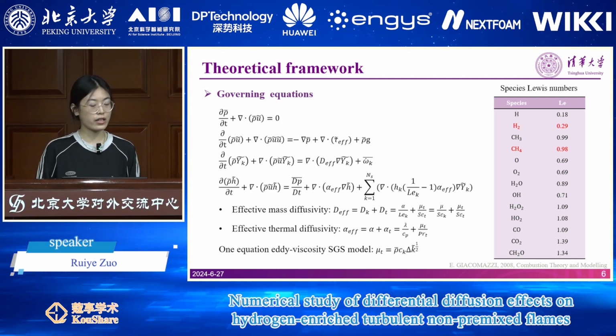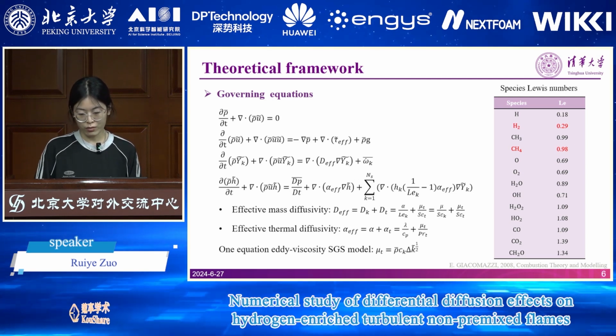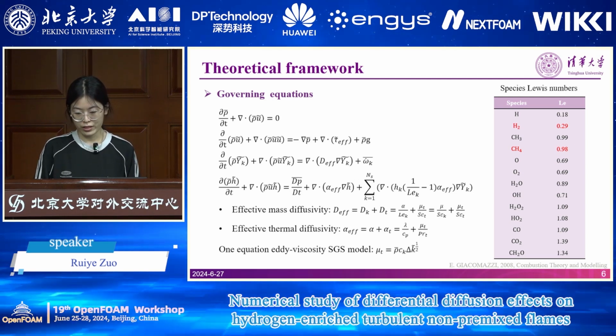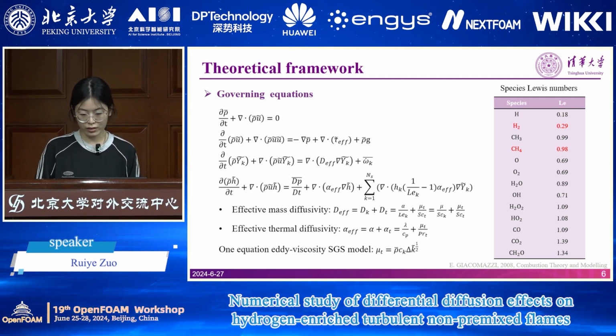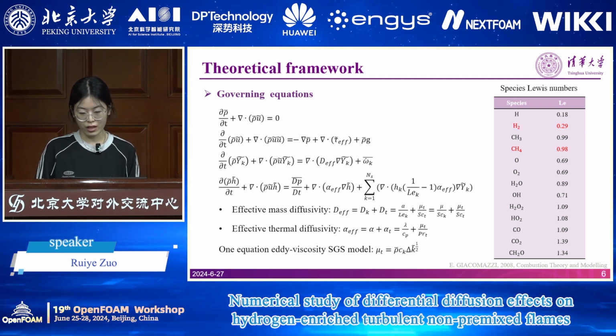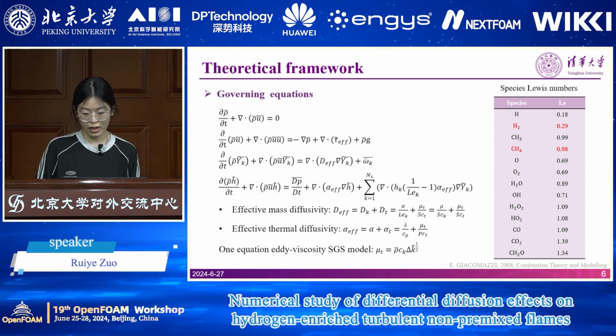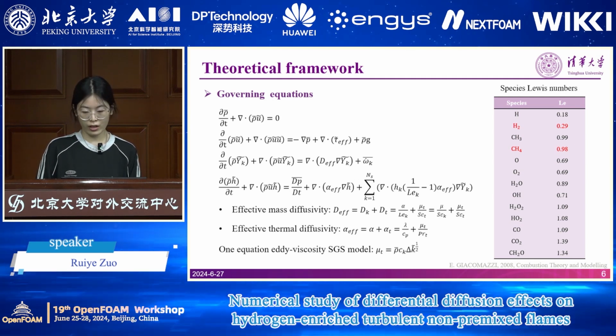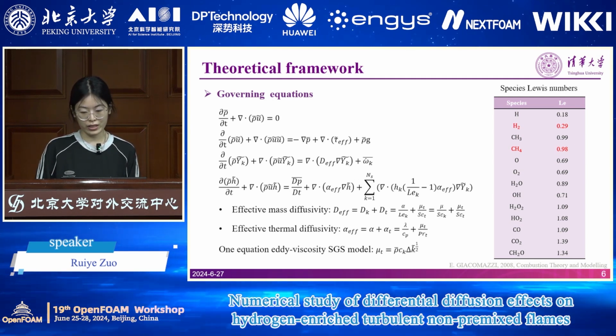In the species equation, the unresolved subgrid scale species fluxes are modeled by the gradient diffusion hypothesis. The effective mass diffusivity is the sum of species laminar and turbulent mass diffusivities.